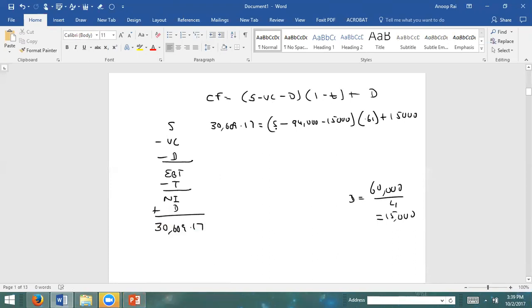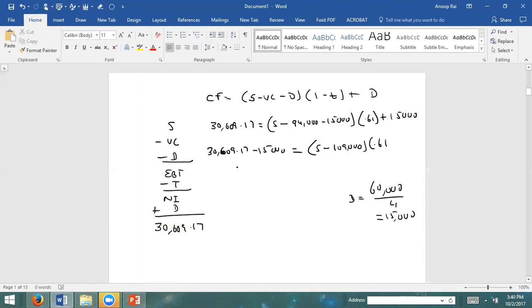So let's solve for S. Let me bring this 15,000 here. So that'll be 30,609.17 minus 15,000. Let me just do it the long way first time. Minus 94 plus 15 is 109,000, times 0.61.